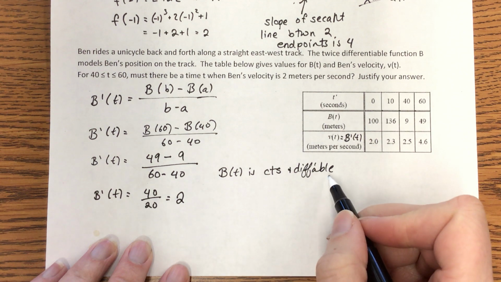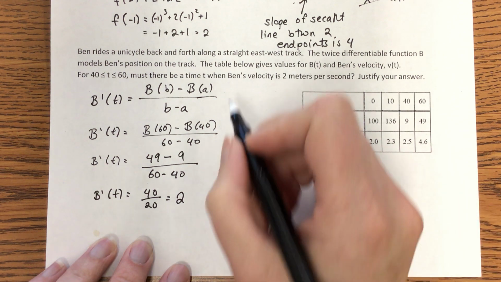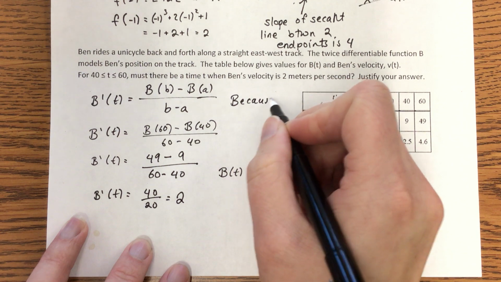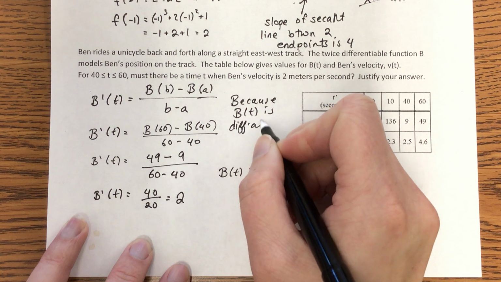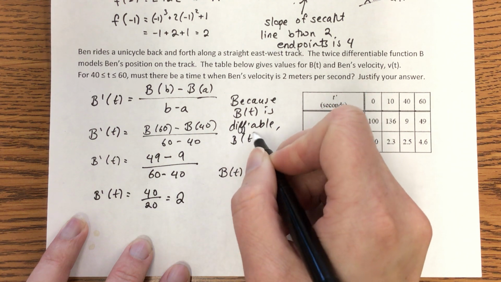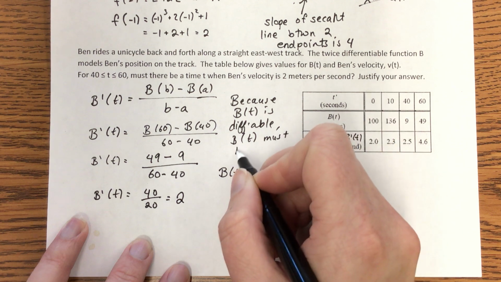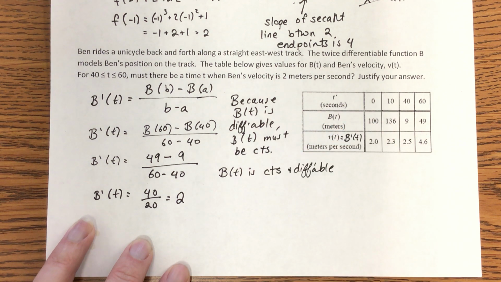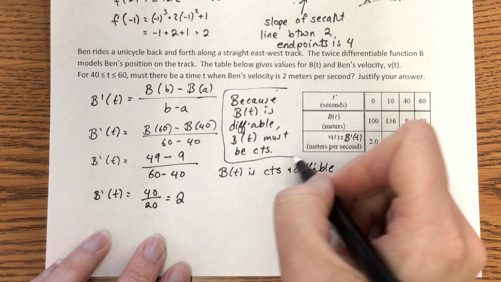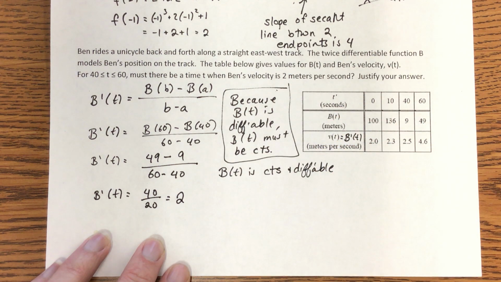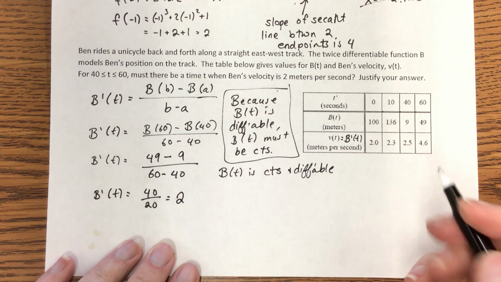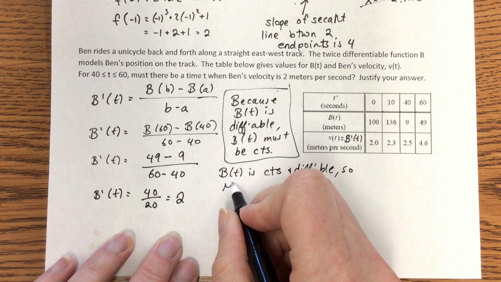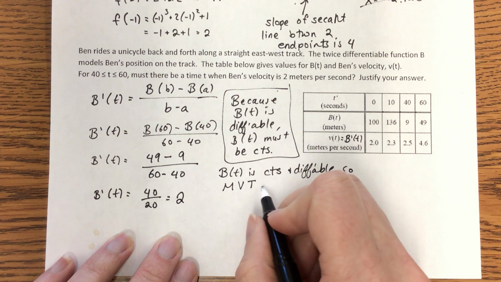If b of t is differentiable, then b of t is also continuous. Differentiable functions have to be continuous. If a function is not continuous, it's not differentiable. So b of t is continuous and differentiable, so the mean value theorem applies.